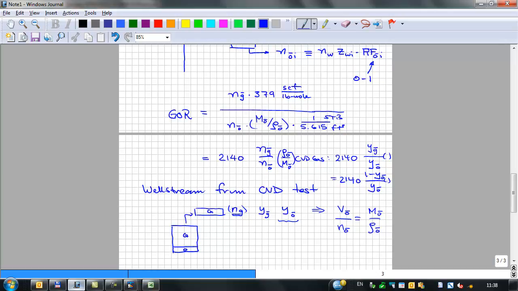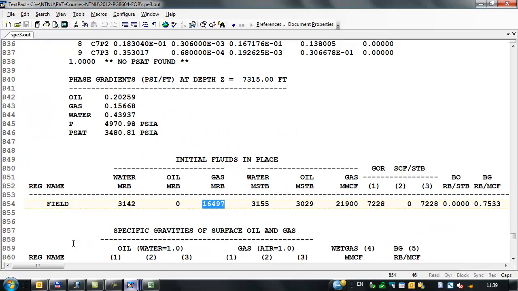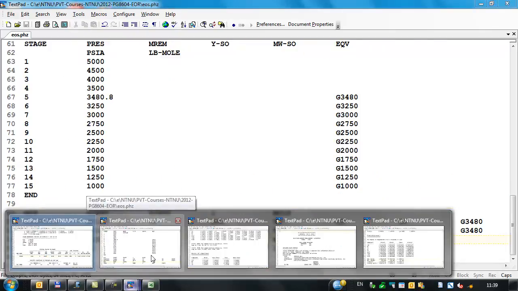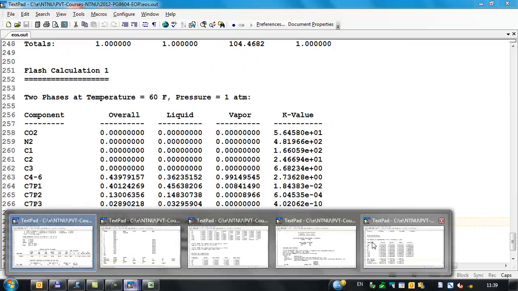So what we're going to do now to avoid that is that I'm not going to let any of the C4, C6 go into the stock tank oil. It's making it too volatile. That's what I'm going to change. So in the reservoir simulator, I'm going to change the recovery factors, wherever that input data set is.